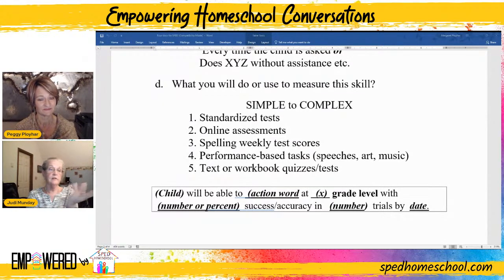Maybe in some respects it's redundant in number of trials by June 15th. And that's my annual goal. So some of this, you can play with it, but you get the idea. It's what I want them to do and what I'm looking for by mastery and what the date is that I want them to be done. Very concise, measurable. Pretty straightforward. It's measurable. That's the key thing with SEPs. You want to have something that is measurable.